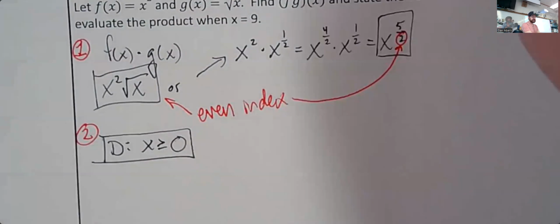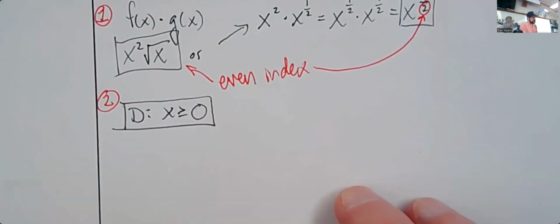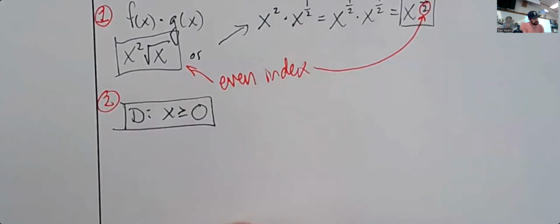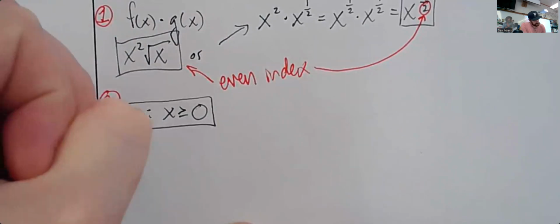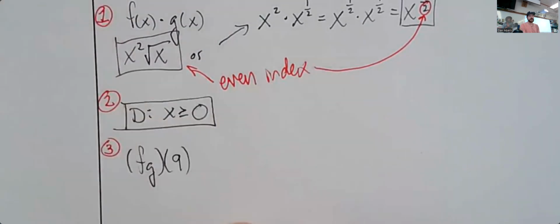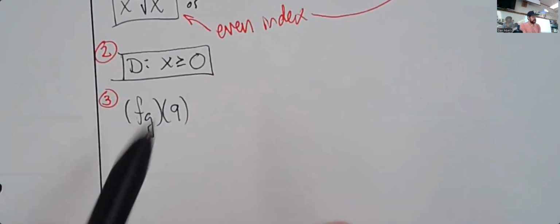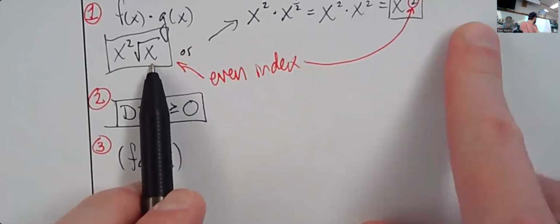And then to finish it off, we're going to use 9 for x. So third step is fg of 9. That's going to be our function here or this function here. I'll show it both ways.